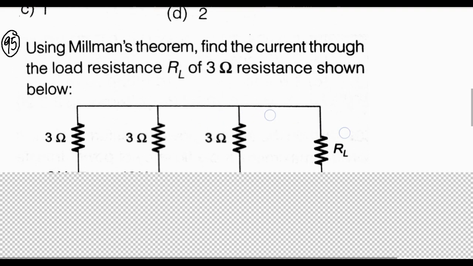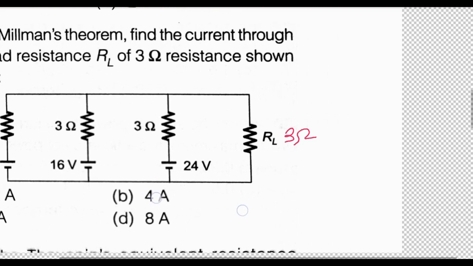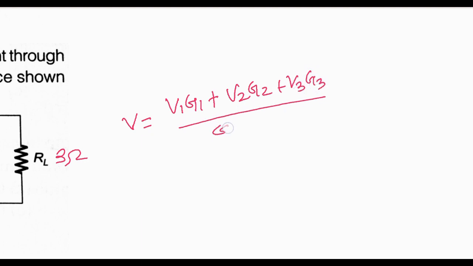Using Millman's theorem, find the current through the load resistance RL of 3 ohm shown in the figure below. So here this one is 3 ohm and we have to find out the current due to these sources. In case of Millman's theorem, we can calculate the effective voltage like V1 G1, where G1 is the conductance, plus V2 G2 plus V3 G3 by G1 plus G2 plus G3.